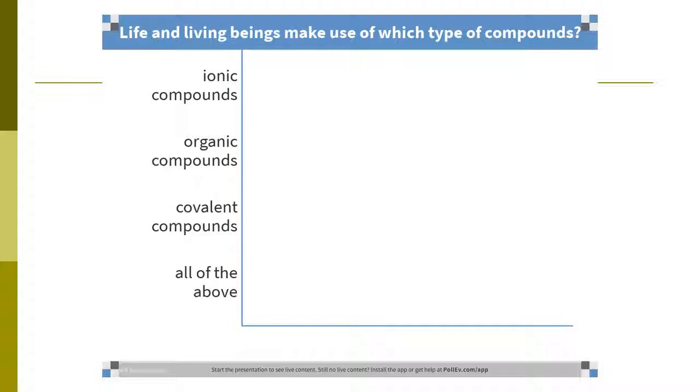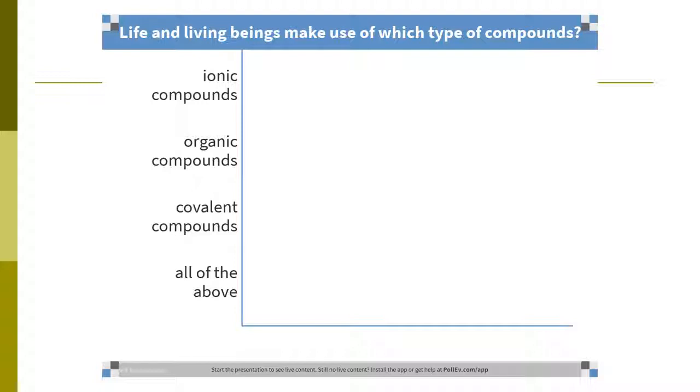And it turns out for a living person or a living thing that you actually have to have all of these types of compounds in your body. If you remember back to the very first story I told in class, it was about some babies who had ingested some salt and it threw off their electrolytic balance. You do have to have some ionic compounds in your body.